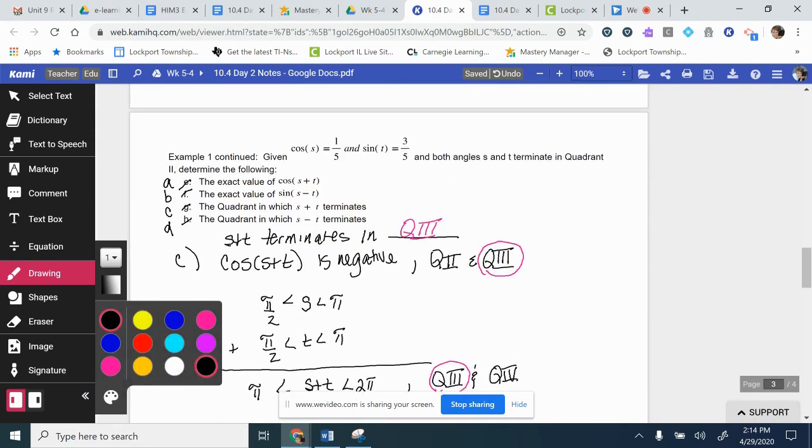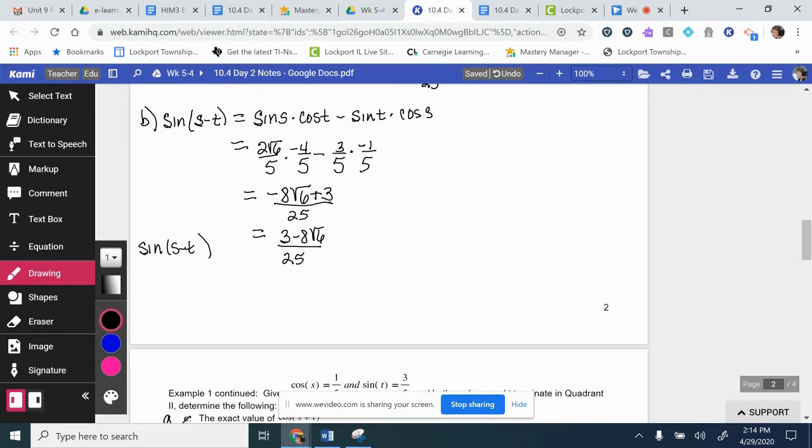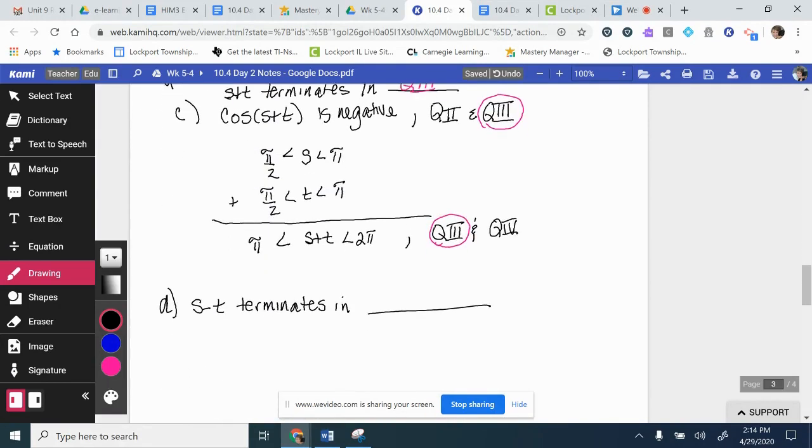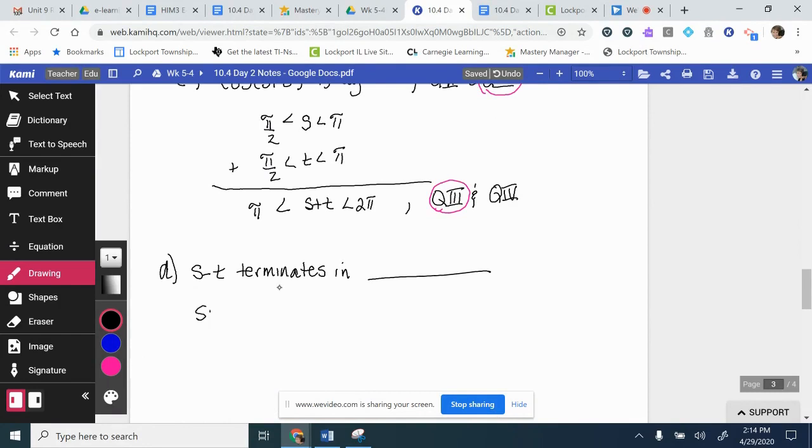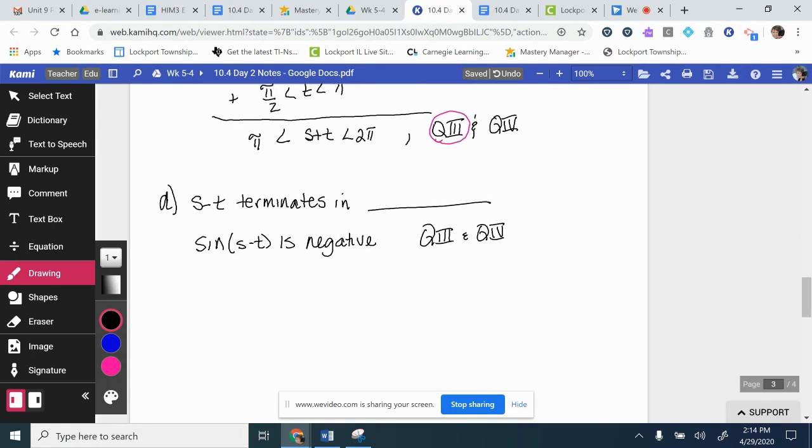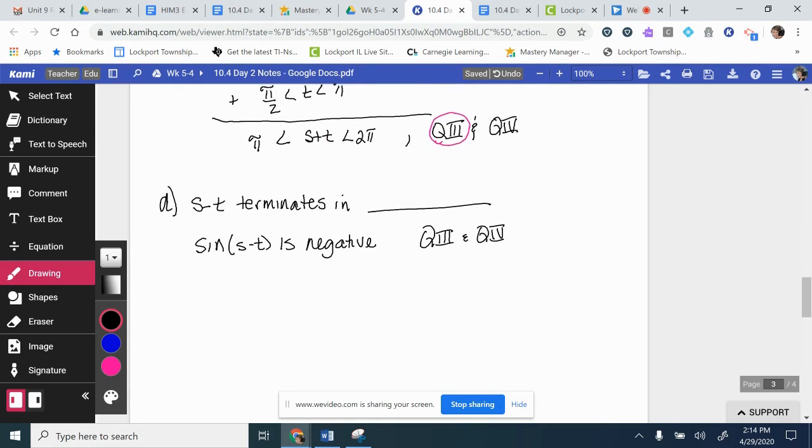We go up to the value of the sine of S minus T. And again, we can see this value is also negative, and this will occur in quadrants 3 and 4. But then like before, we need to investigate where our original angles were living.